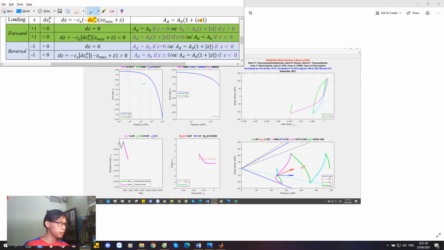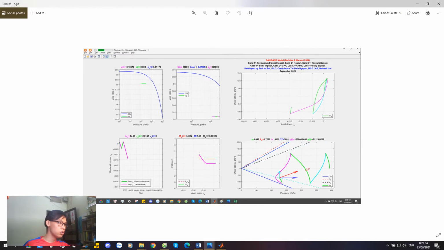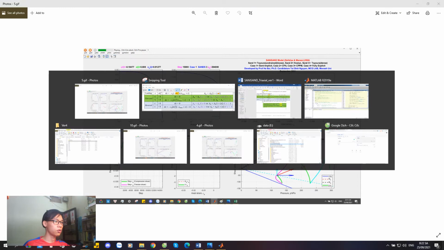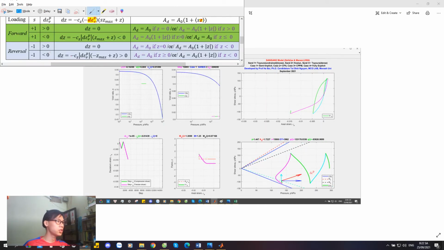When Z is positive, you can see AD is still more than A0, but it's reduced to A0 when Z is negative and equal 0. So you can see AD over there changes to this and becomes A0 when our Z is negative and equal 0. So that's the second figure.